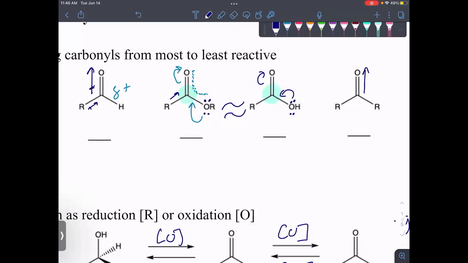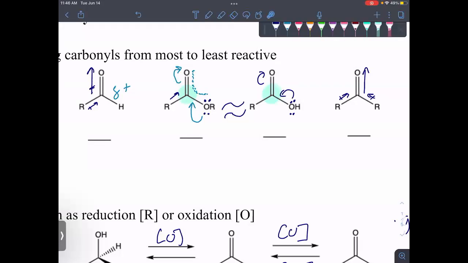The oxygen is taking away density, and the R groups contribute a little bit, right? The H doesn't contribute anything. The H has no electrons, so it's not going to induct anything. But these two R groups over here, they're contributing twice as much as they are on the aldehyde, right? So even though it's a little bit more electron density, the ketone is still less reactive, because it has twice as many hydrocarbons donating electron density. That makes sense, right? Okay.